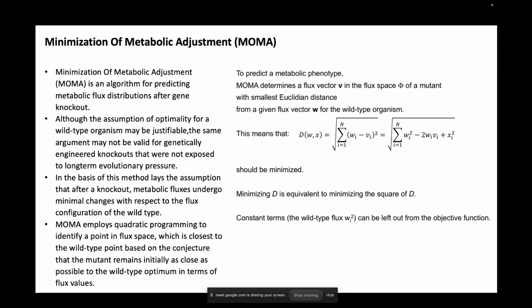The basis of this method lies in the assumption that after a knockout, metabolic fluxes undergo minimal changes with respect to the flux configuration of the wild type. MOMA employs quadratic programming to identify a point in flux space which is closest to the wild type point, based on the conjecture that the mutant remains initially as close as possible to the wild type optimal in terms of flux values, right? So the idea is that after you knock out, the system is resilient or robust enough to not change that much in terms of the flux.